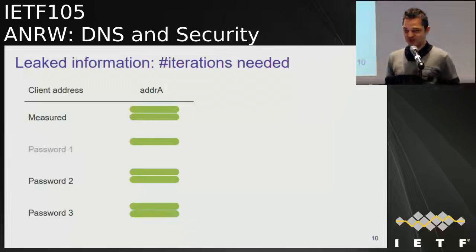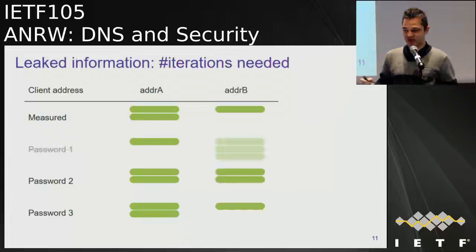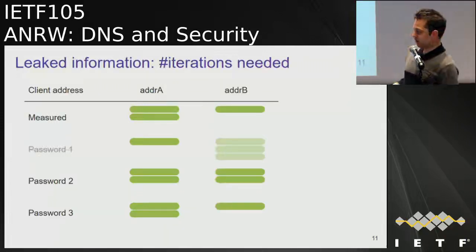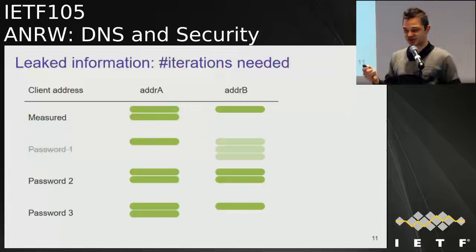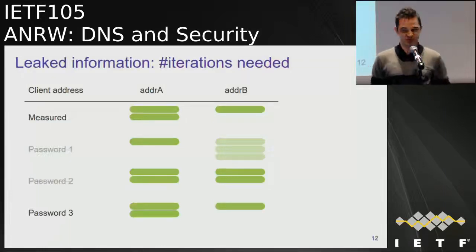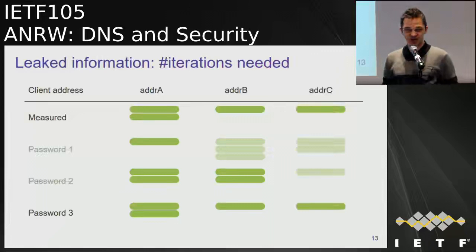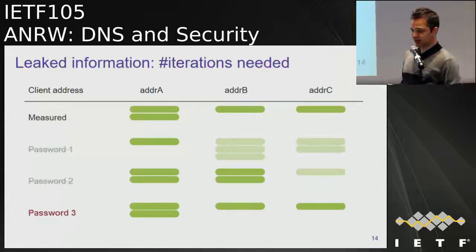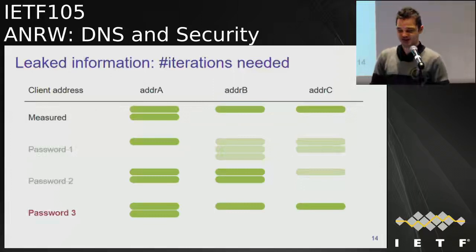So then we can spoof another MAC address B. We can again measure how many iterations it takes in the real world. We can compare this to our simulated results, and we can continue this way and exclude passwords that don't match our observations. We can continue doing this until we uniquely determine the password that is being used. So in this example, it's password 3 that matches our observations.